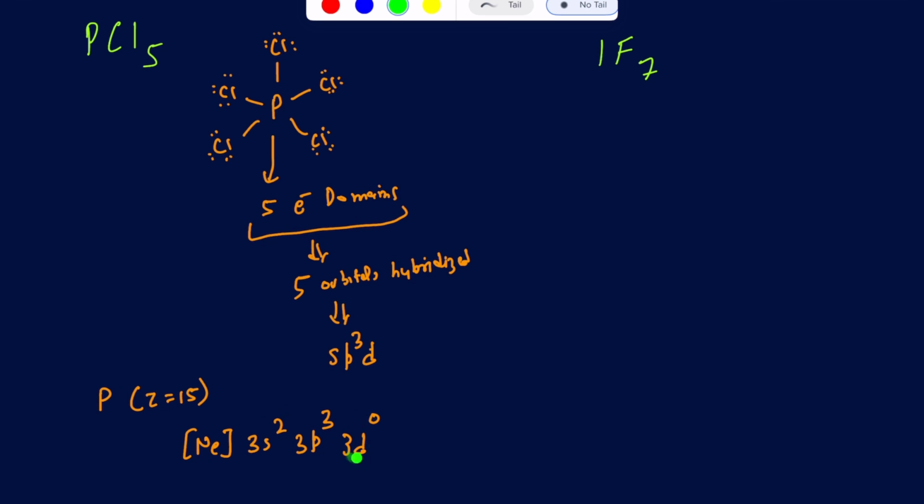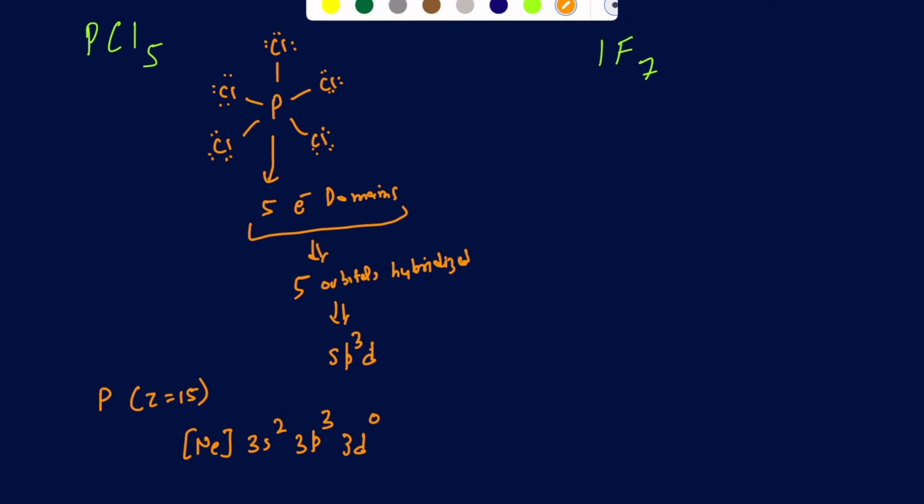So that's why we're able to use the d subshell or the d orbitals in the case of atoms that are on the third period and below. That's why phosphorus can exceed the octet, sulfur can exceed the octet, iodine can exceed the octet, and whatnot, because they have the d subshell that's empty, where the electrons can be promoted onto the d subshell. And now you would have more than 4 atomic orbitals with only 1 electron.